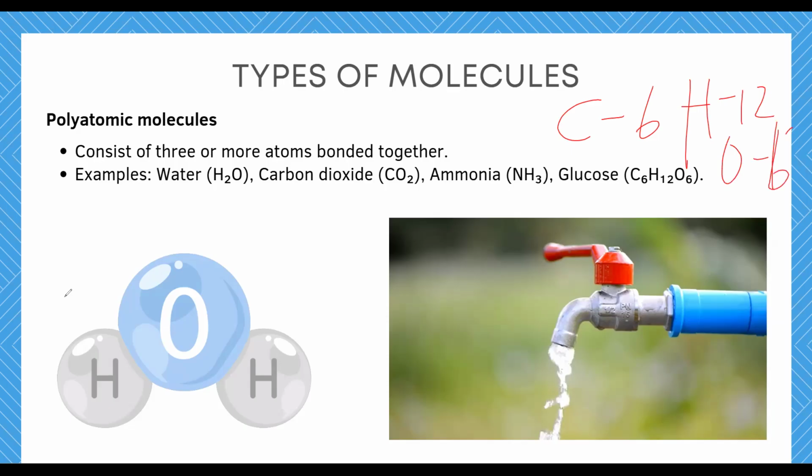When you add 12 plus 6 plus another 6, it ends up giving you 24. So these are some examples of polyatomic molecules that we have.